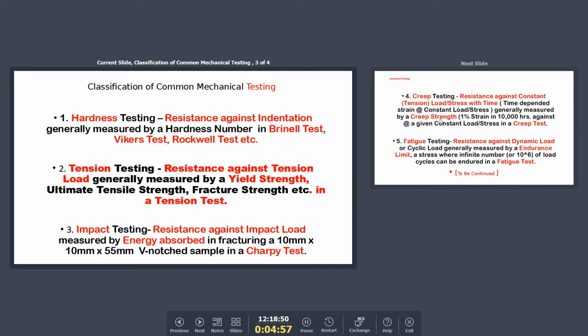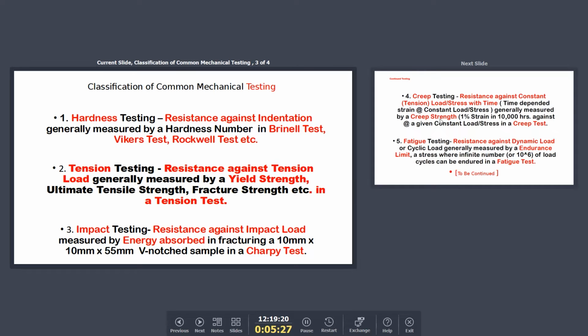And the hardness number is arrived at from that indentation. There are a number of hardness numbers in different forms of testing. For example, Brinell hardness test, Vickers test, Rockwell test, Shore scleroscope test, like many things.